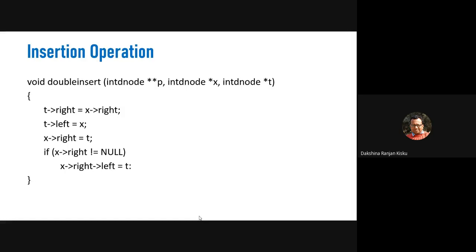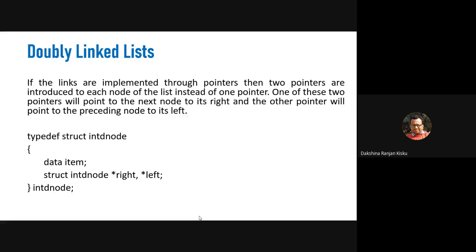Now, before we talk about the insertion operation and deletion operation, I just want to ask you how, similar to the single linked list, you will create a doubly linked list. If you want to create a doubly linked list, then what are the improvements you should make in the function definition?